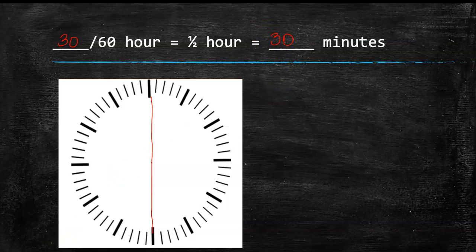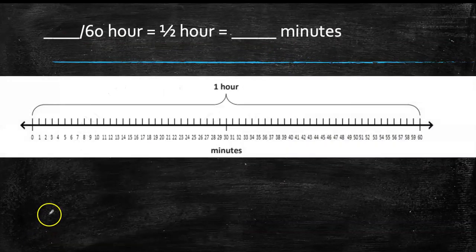You can also see that on the number line. This one's a little more difficult for me. I like to look at time as a round number line, but you can see it as a horizontal number line. It's going to be the same answers. We have 30 because we know that in a half hour there are 30 minutes. We have our equivalent fractions here, 30/60ths of an hour or a half of an hour.